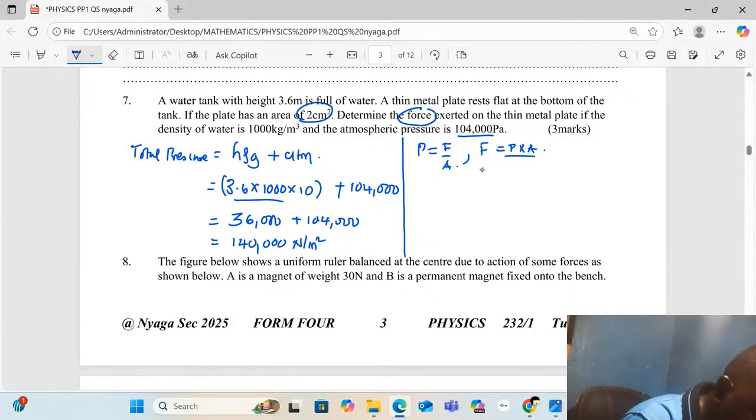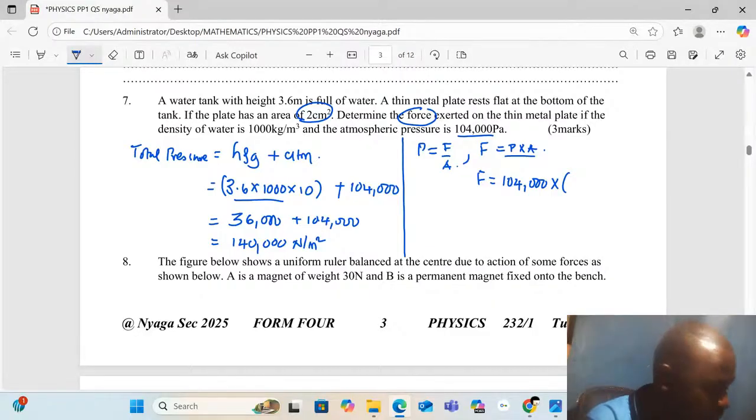Therefore, our force will be given by a total pressure of 140,000 times an area of 2 square centimeters, which we multiply by 10 raised to the power negative 4, so that we can convert it into square meters.